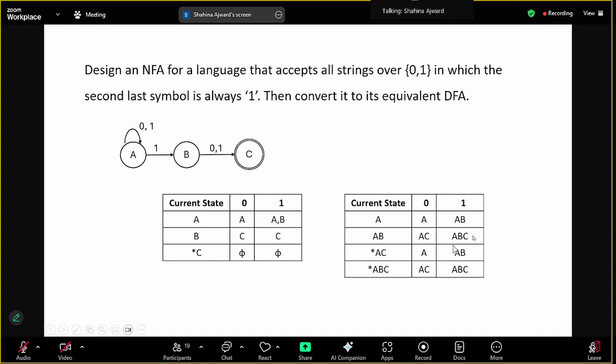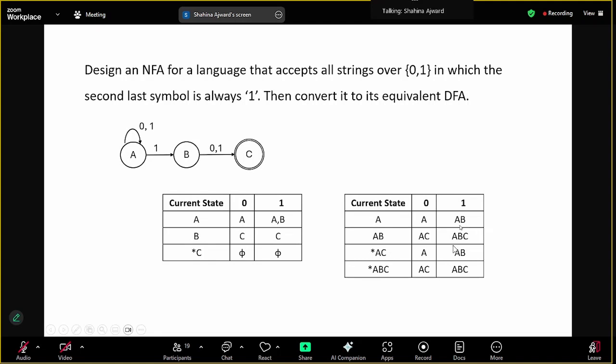I'll show you how we get AB. When your state is A and you give the input symbol 1, it goes to A and B both. So that's AB.